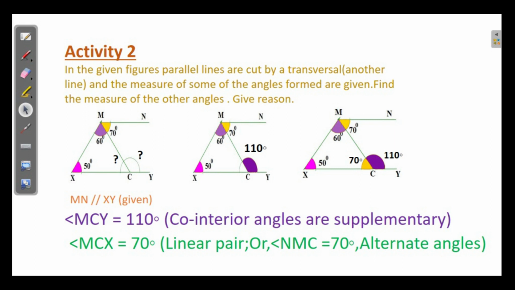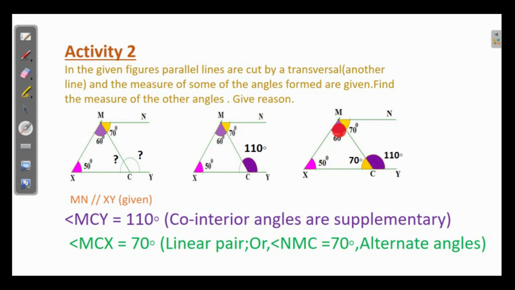And before going to the next question, one more thing we have to bear in mind. Here these three are the angles in a triangle. What is the sum of these angles? 50 plus 60, 110. That 110 would be the exterior angle of the third angle.